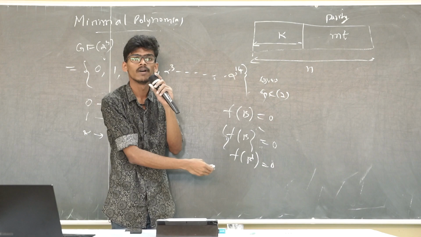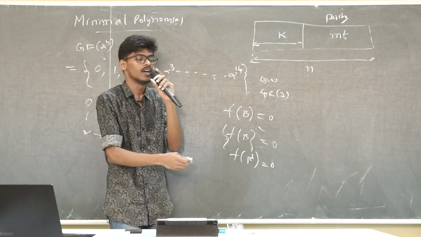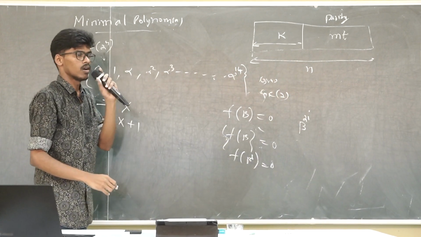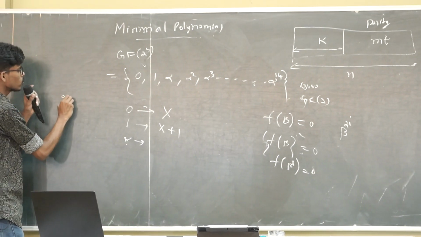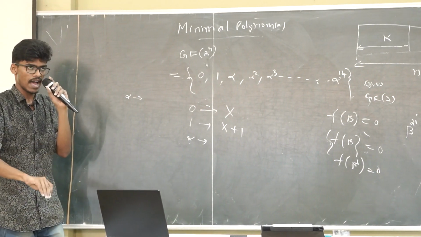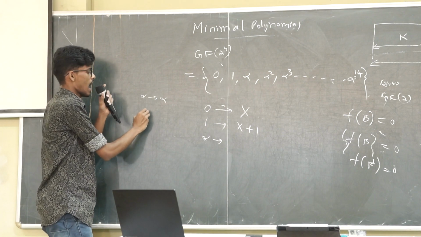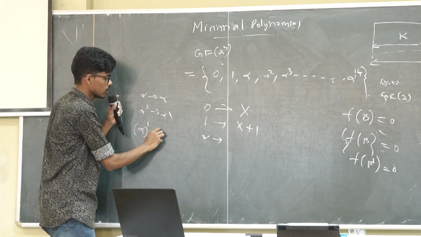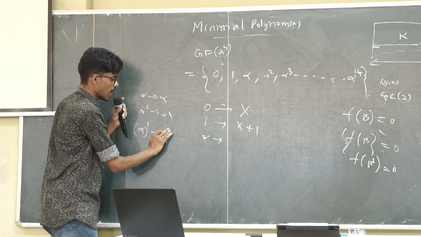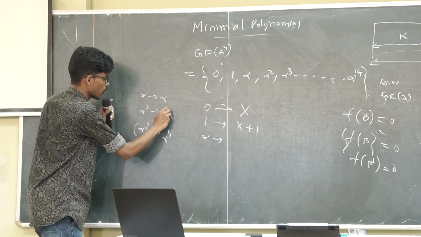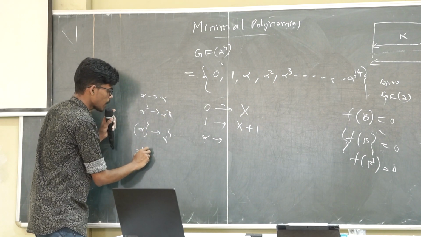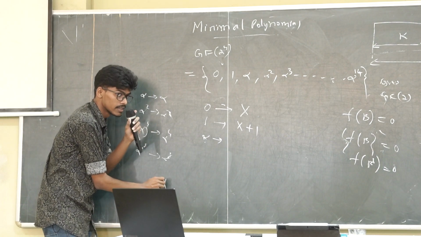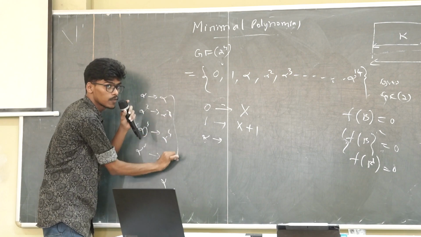Similarly, all the conjugates will be roots. So the first root of the minimal polynomial is alpha, then alpha square, alpha to the power 4, then alpha to the power 8, and then it is a repetition of these roots.